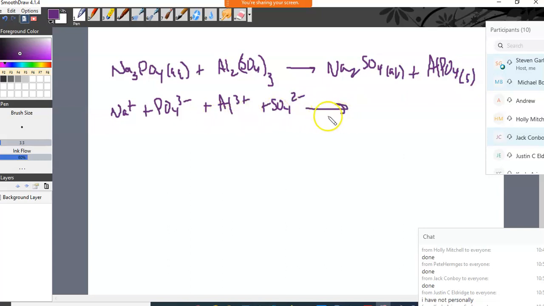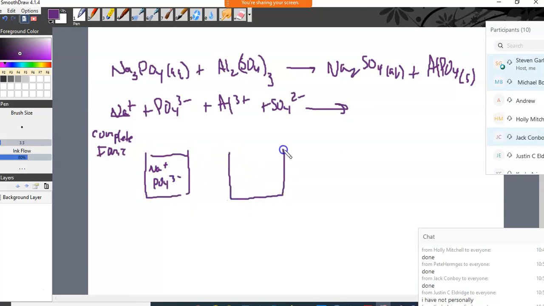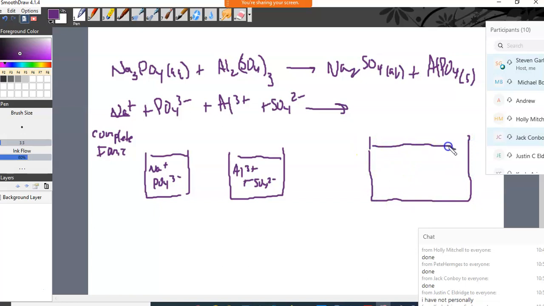Now, this equation down here is called the complete ionic equation. What you're basically doing is showing what is still in ionic form and what is in solid form. So again, it's a beaker drawing. Imagine one beaker that has the sodium and the phosphate dissolved in it, and another beaker that has the aluminum and the sulfate in it. Then I pour them together to get one big beaker. What do I have in this beaker?